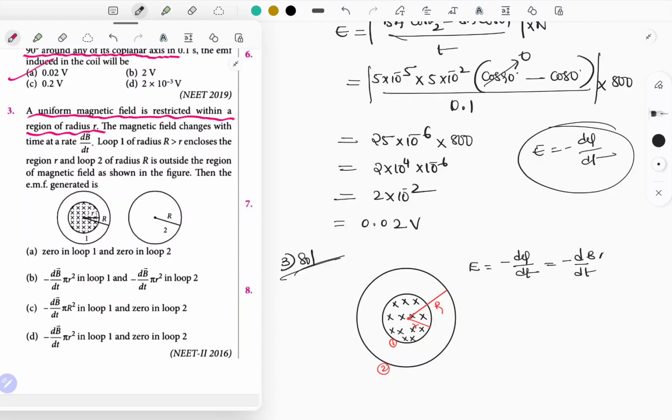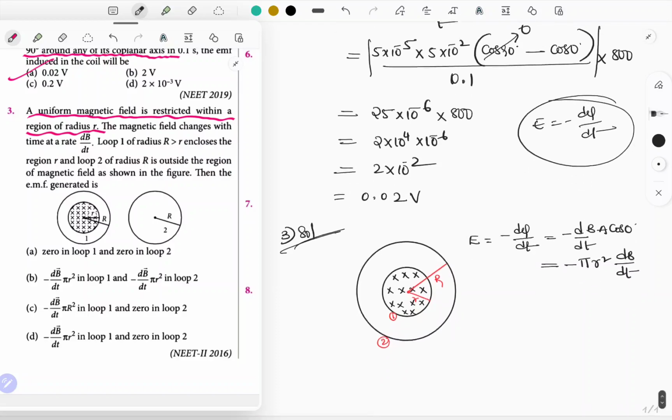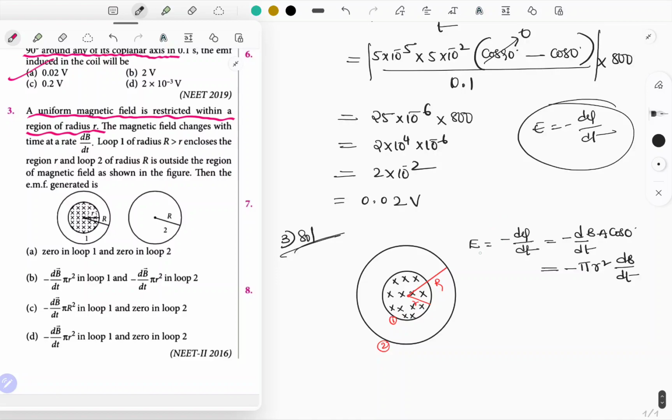BA cos 0, and cos 0 is going to be 1. The area of this coil is pi r square, which is constant, so it comes outside. The magnetic field is varying with respect to time, and it is replaced as dB by dt. So the EMF induced in loop 1 is minus pi r square dB by dt.